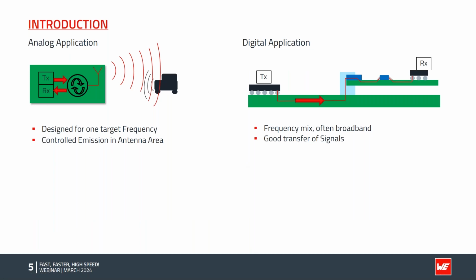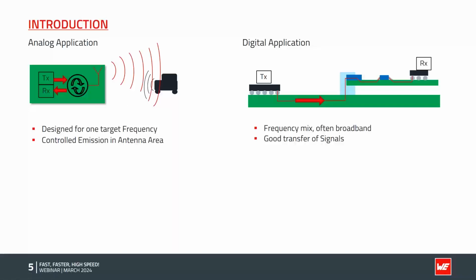In the analog area, typically I have one target frequency, and the benefit of this is I can really fine-tune my parameters and my design to this single frequency, or at least this array of frequencies. And typically I want to have controlled emission in the entire antenna area, or if it's in the receiving part, to receive things.